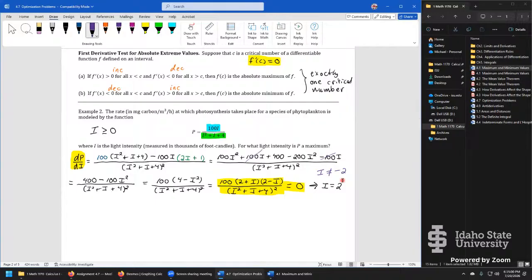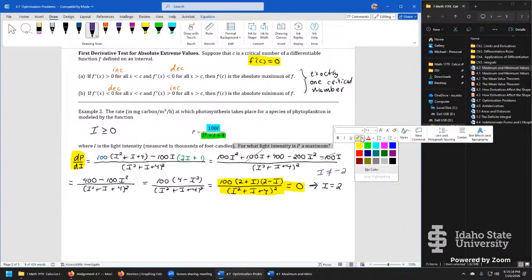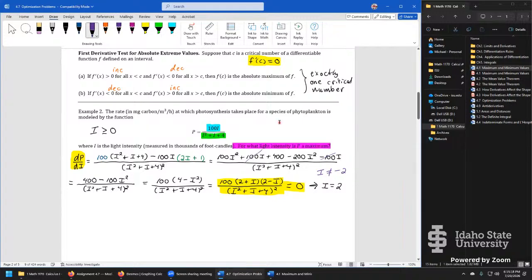Well, the rest of it is just ordinary first derivative test. We want to show that it's increasing to the left of 2, decreasing to the right of 2. And if we can do that, we'll be able to find the light intensity that makes P a maximum. So that's our question right there. For what light intensity is P a maximum? Any questions before we go to that next step?